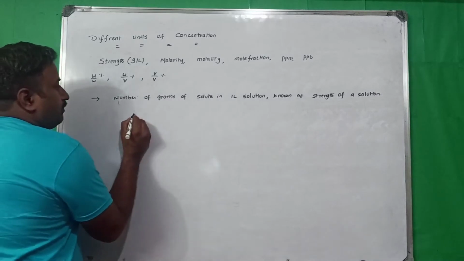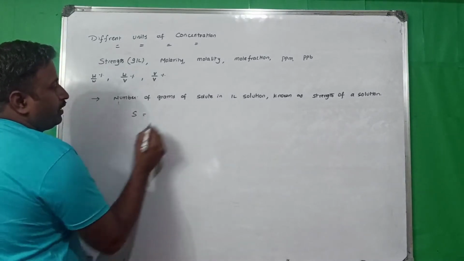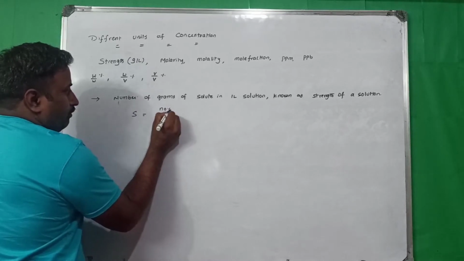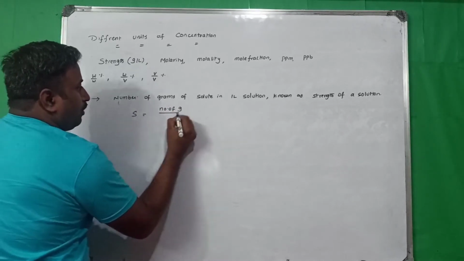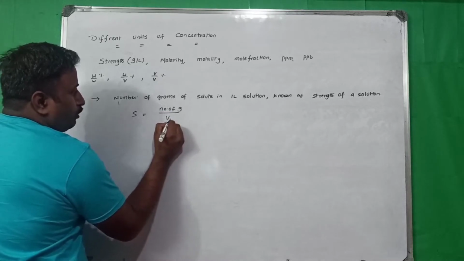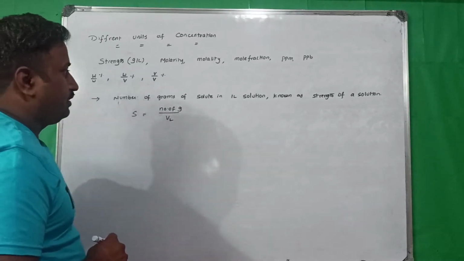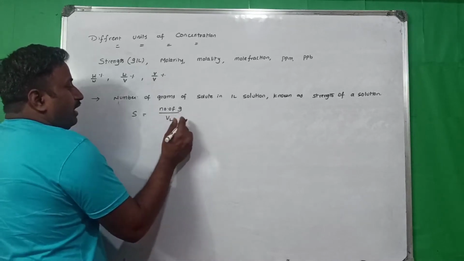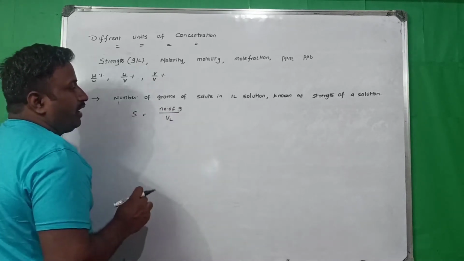So strength is equal to number of grams upon volume of solution in liters. If the volume of solution is 1 liter, then S is equal to the number of grams.